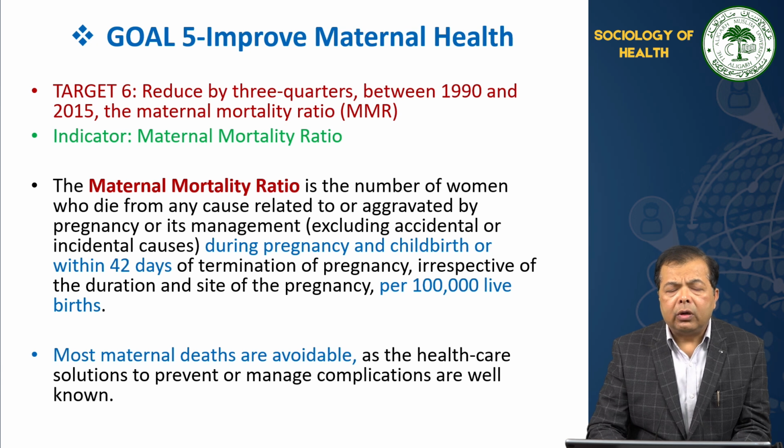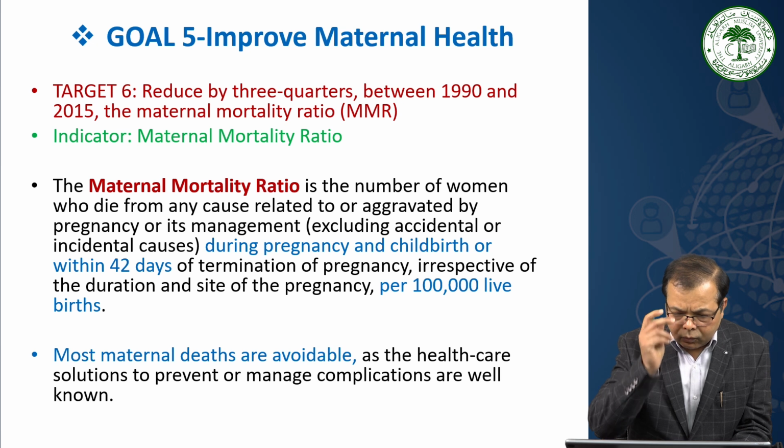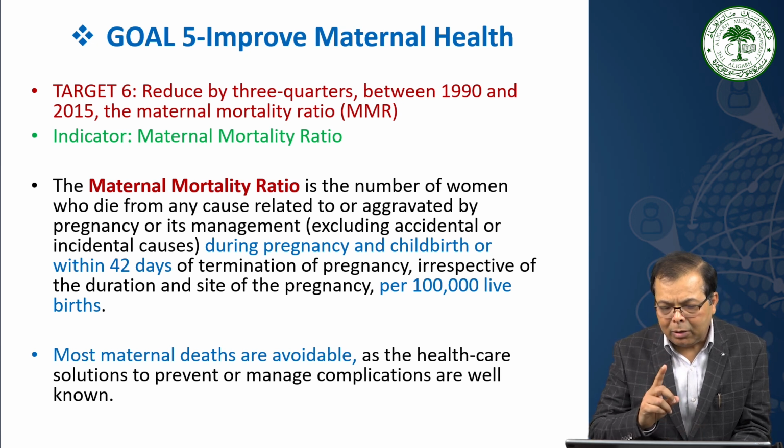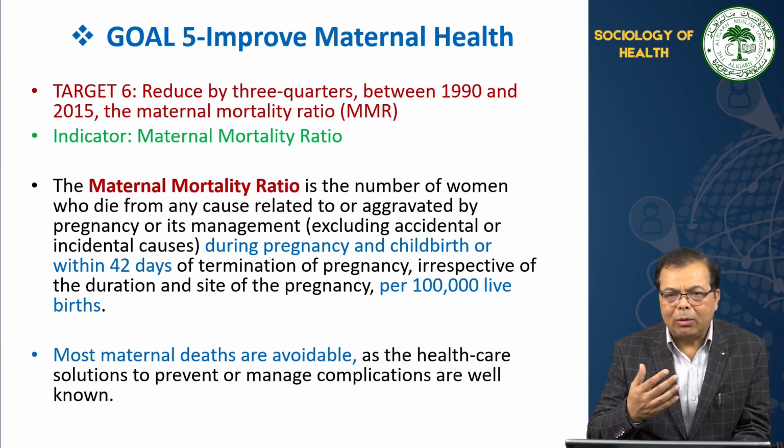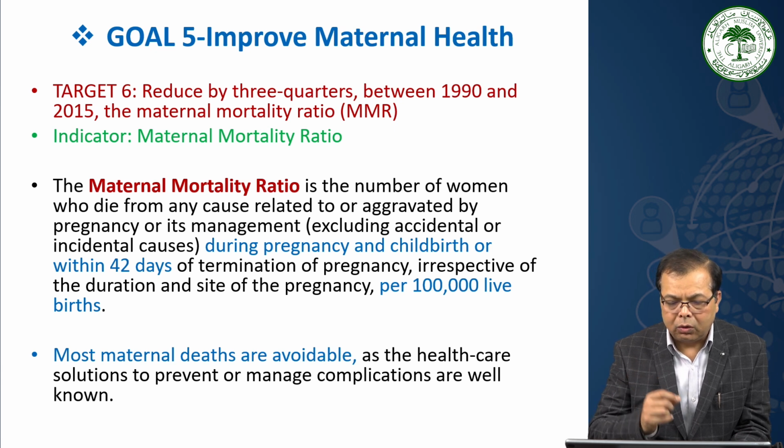Then we move to goal number 5, that is improve maternal health. And here the target is to reduce by three-quarters between 1990 and 2015 the maternal mortality ratio, MMR. The indicator is the maternal mortality ratio. Now we need to understand what the maternal mortality ratio is, and you need to notice that when we talk about MMR, the R is not referring to rate but ratio, right?